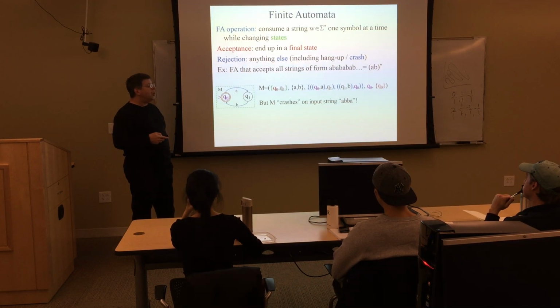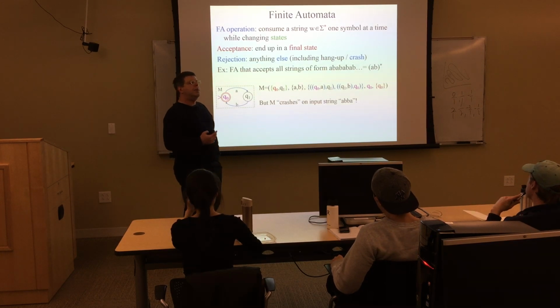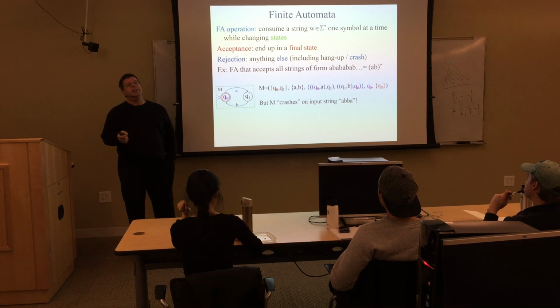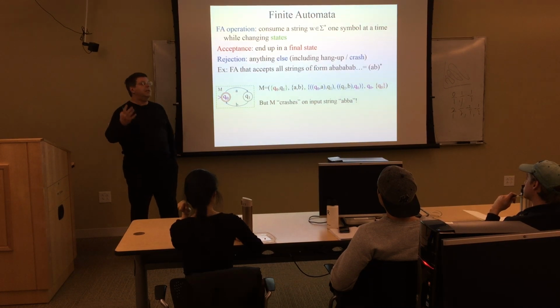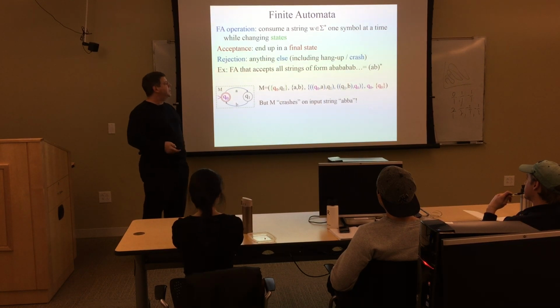Okay. Now, if you don't like crashes, and most of the time crashes are not great, usually it means you forgot something or didn't account for some error condition or some series of events that you didn't take into account in the logic of your program or your machine or whatever. You can always augment a finite automata to never crash.